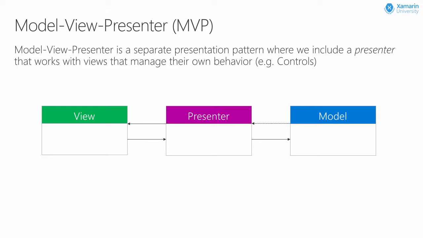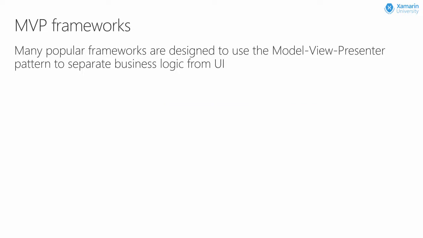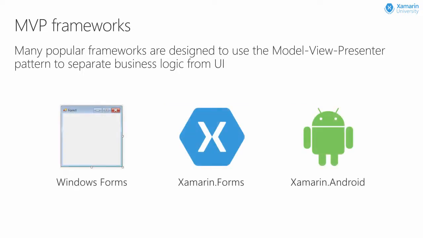Like MVC, there are a few variations to this pattern, depending on what you need and what the capabilities are of the underlying platform. But at a high level, they all function the same. You've probably seen some MVP frameworks, things such as Windows Forms, Xamarin Forms, and Xamarin Android.